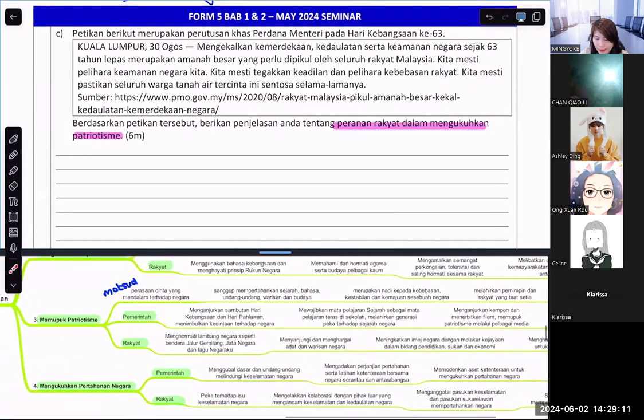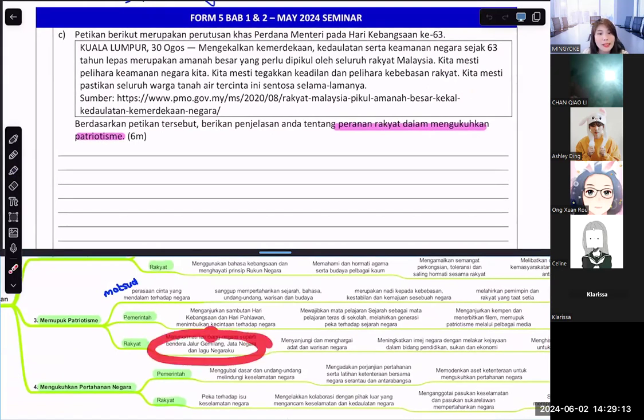You can give back the same one: menghormati lambang, then menyanjungi, menghargai, meningkatkan imej. All these are your answer. Guys, you're okay, right? So, I'm going to show you all the answer directly in page 9.